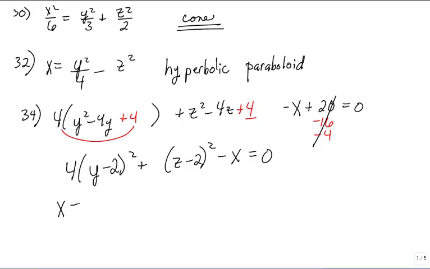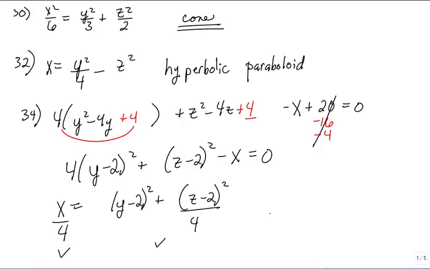So I have x equal, I guess I could divide everything by 4. And now I have an x term, one term that's not squared, and there's a plus sign.